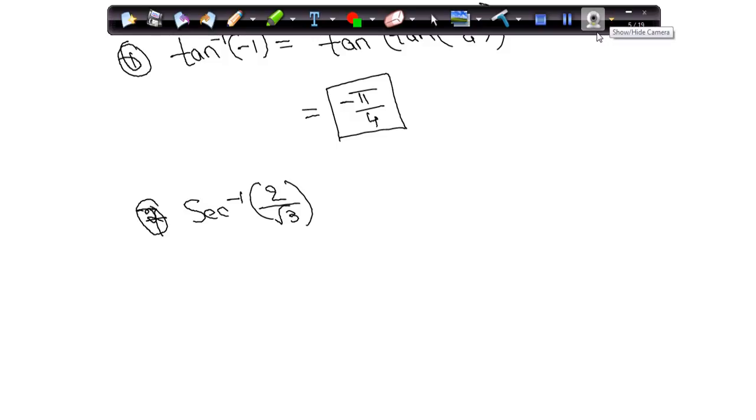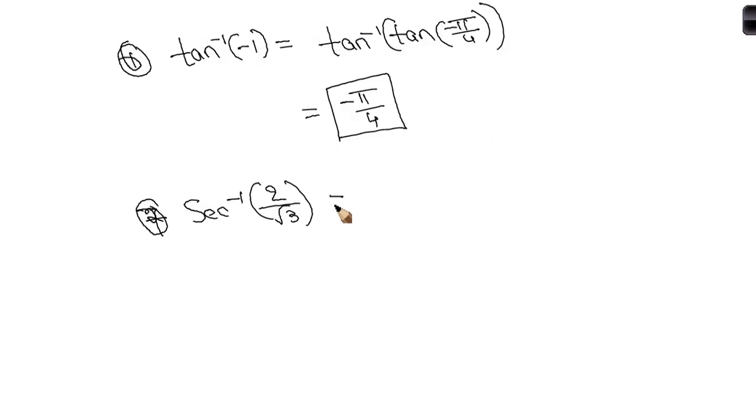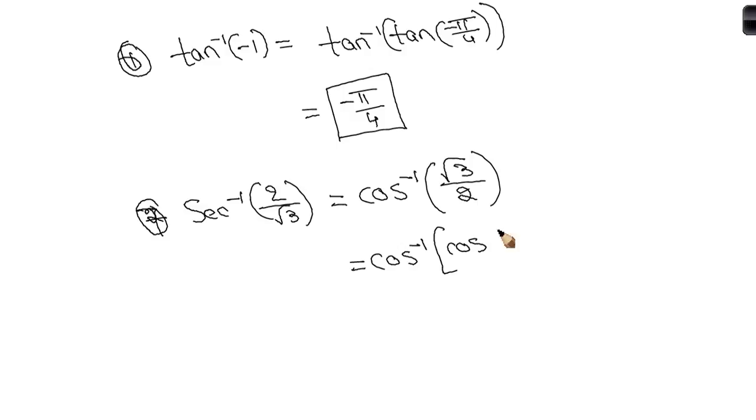This can be written as cos inverse of root 3 upon 2. Cos will become root 3 upon 2 for cos inverse of cos of pi by 6.